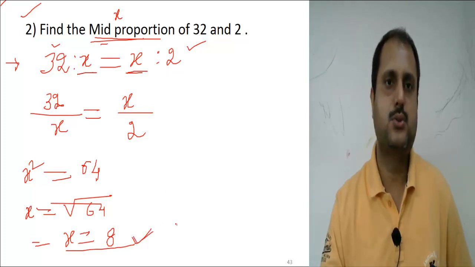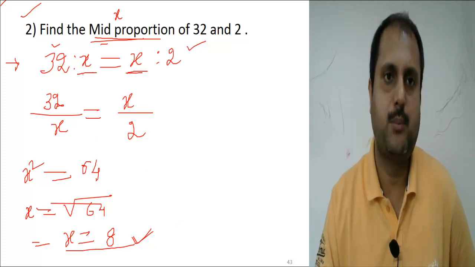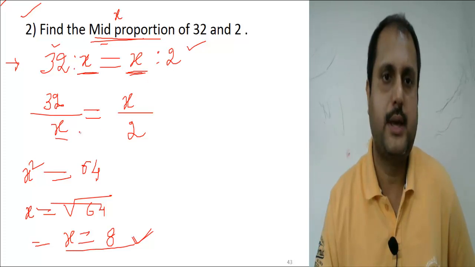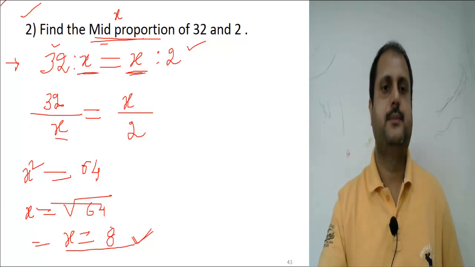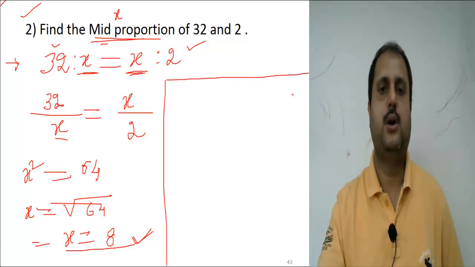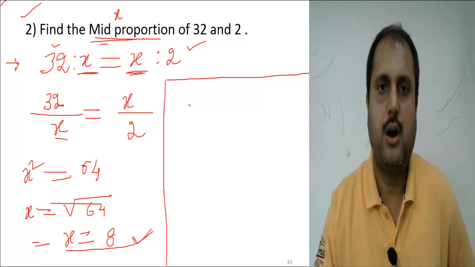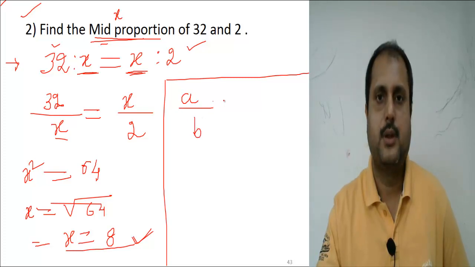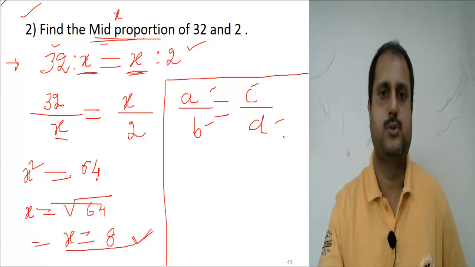I hope that you have understood. For the mid proportion, you have to suppose the mid proportion as x, and now it will become x square. Whenever you are asked to find the mid proportion, how will you find it? Suppose A ratio B equal to C ratio D. So this is the first proportion, second proportion, third proportion, and the fourth proportion.